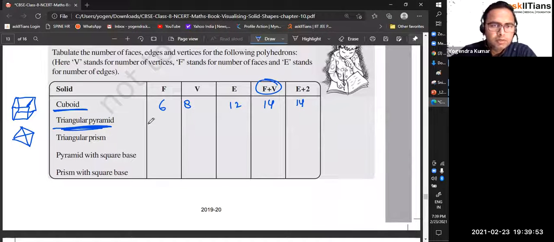So how many vertices are there? We have 4 vertices. How many faces are there? 1, 2, 3, and then 4. 4 only. How many edges are there? 1, 2, 3, and 3 down, so 6. Right? Now here F plus V is what? 8, and E plus 2 is also 8. Right? I hope you're understanding.